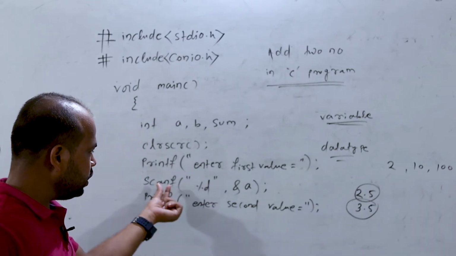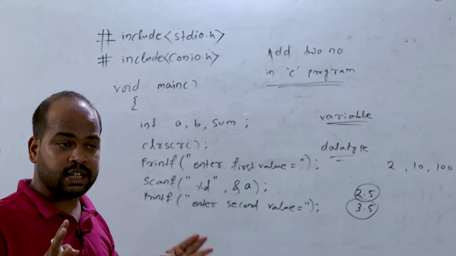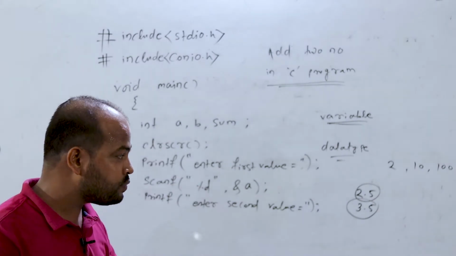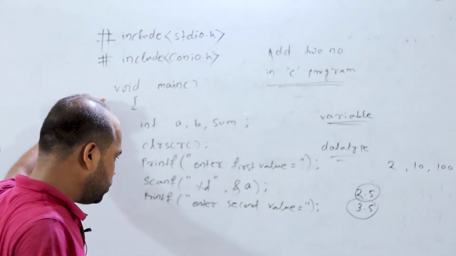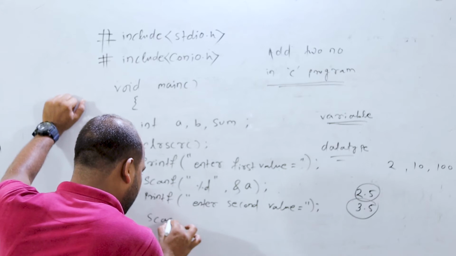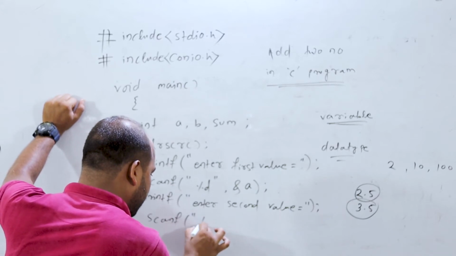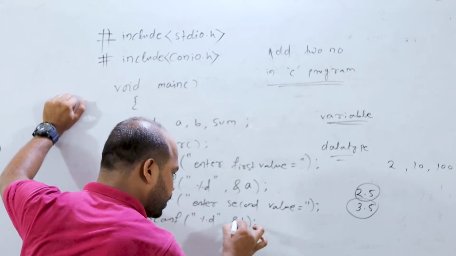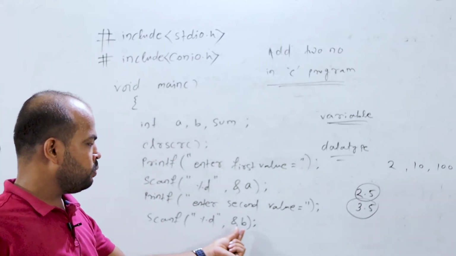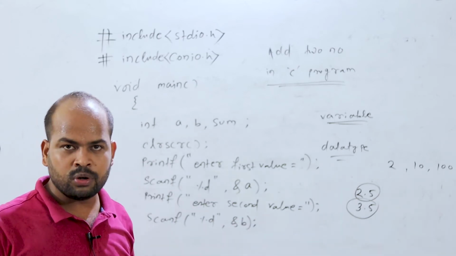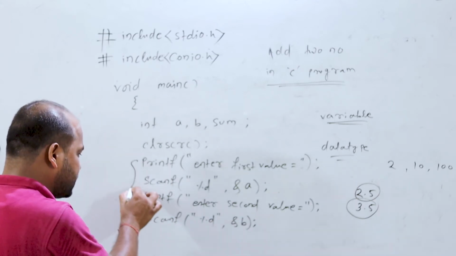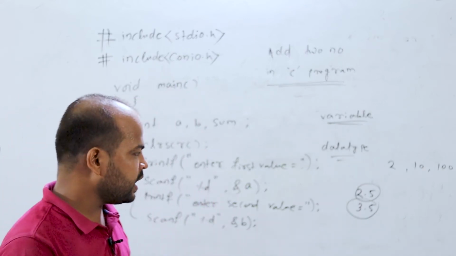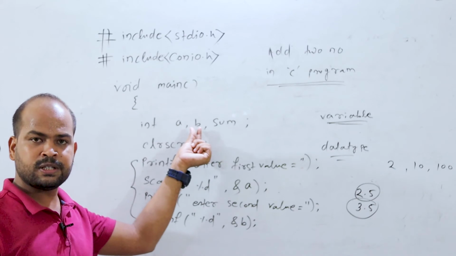Then, to insert a value from the keyboard into your computer, you have to use the scanf function: percentage d, address of B. Then there will be a value inserted in the B variable. So these sentences I have used to insert two values, one in the A variable and another in the B variable.